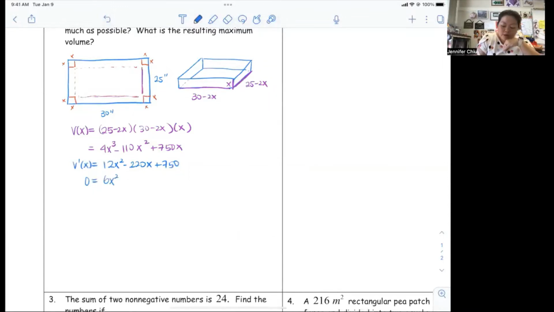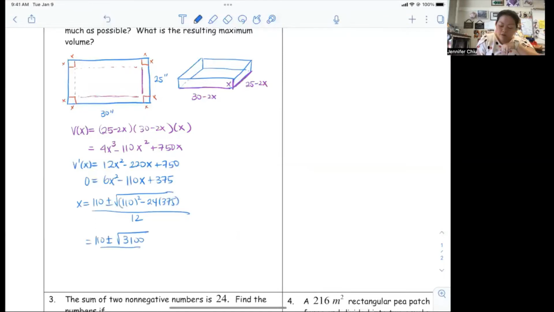So 6x squared minus 110x plus 375. This is not factorable, so we're going to have to use the good old quadratic formula to solve for this. So you get x equals 110 plus or minus the square root of 110 squared minus 4 times 6, which is 24, times 375, all over 12, which is 110 plus or minus the square root of 3100, all over 12.